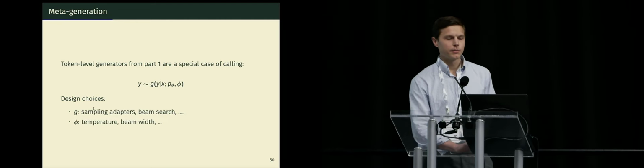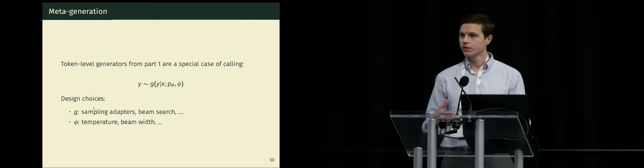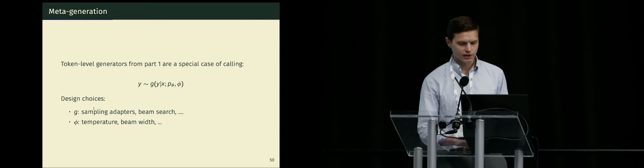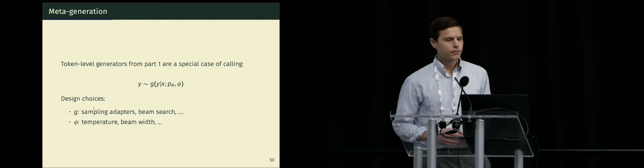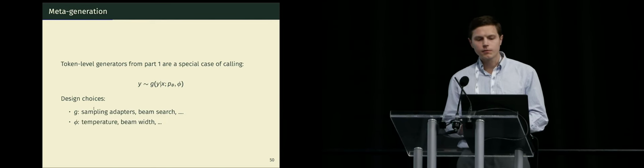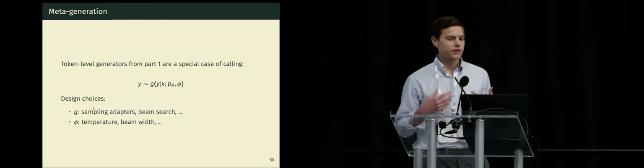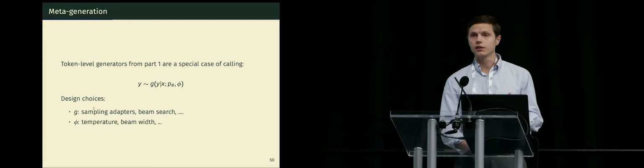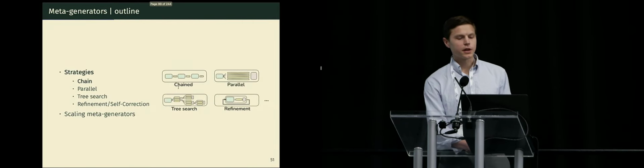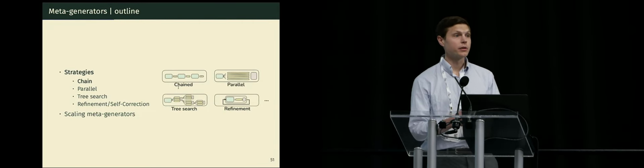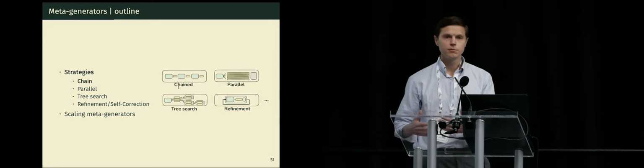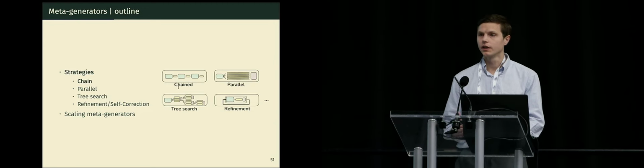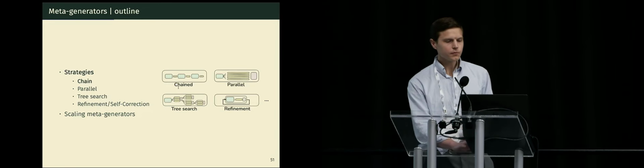And then the algorithm itself will design some strategy for combining all of these things, such as the one we just saw on the previous slide. You can see that the previous algorithms are a special case where you just provide the algorithm with a language model. Your strategies are things like which sampling adapter you should use, beam search or not, and your parameters are things like temperature and beam width.